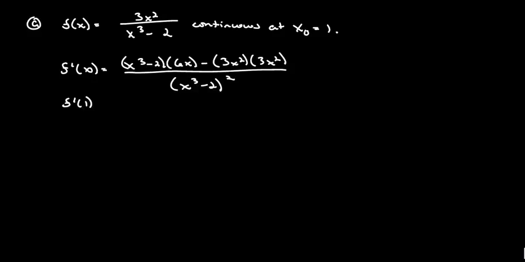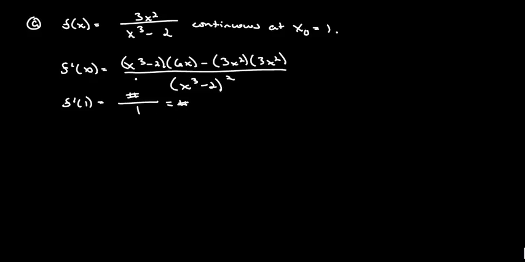Can we calculate f prime at 1? The answer is yes, because the denominator is not 0 when we plug in 1. We'll get some number in the top; it's really irrelevant what we get. But in the denominator, I get 1 cubed, which is 1, minus 2, negative 1, squared, positive 1. So I have a number over 1, which is just whatever the numerator is.